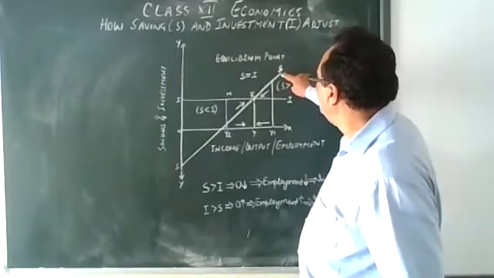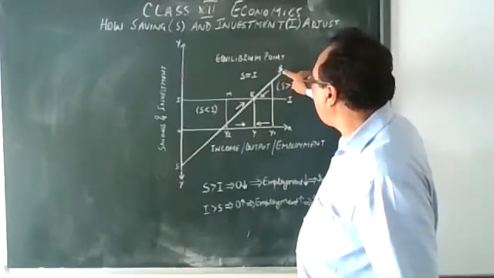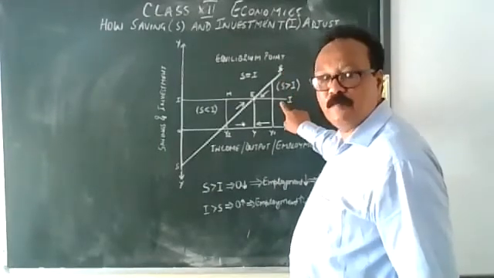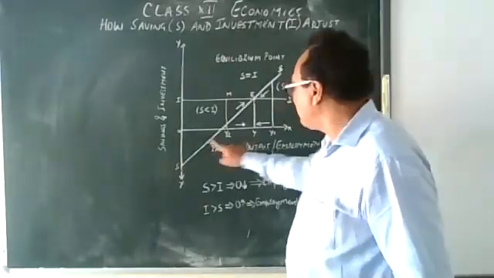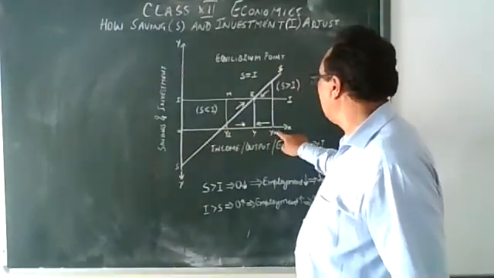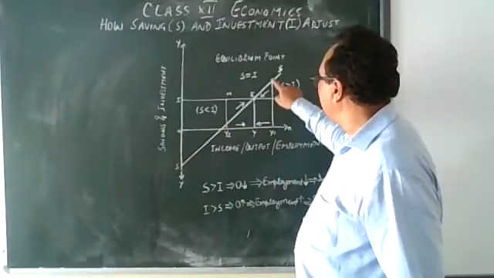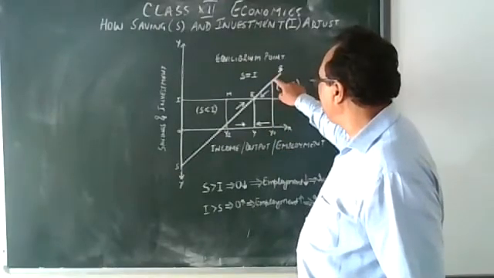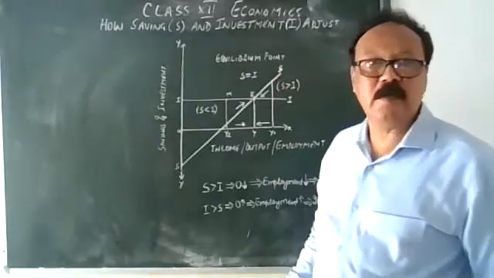The saving curve lies above the investment curve at OY1. Look at the diagram. The point here, saving curve is above the investment curve.